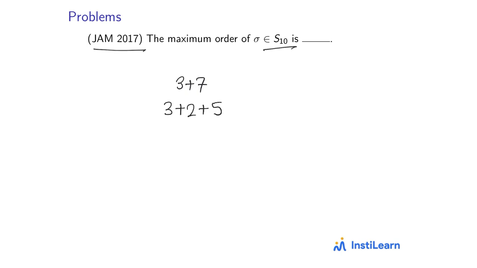These two immediately come to mind, and I don't think any other partitions will beat them in terms of LCM. So the LCM of 3 and 7 is 21, and the LCM of 2, 3 and 5 is 3 times 2, 6, times 5, is 30. So the maximum possible order in S10 is 30.